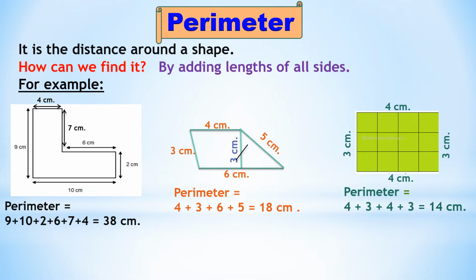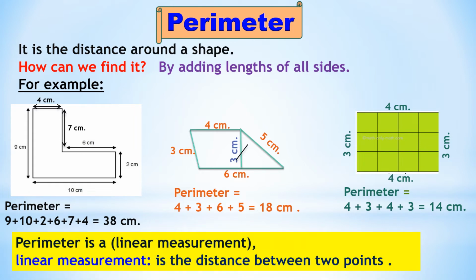So when we move and pass 1 square, it means 1 centimeter. Let's move to the second side, 2 centimeters, 3 centimeters, 4 centimeters. So we will add 4 centimeters plus 3 centimeters plus 4 centimeters plus 3 centimeters.